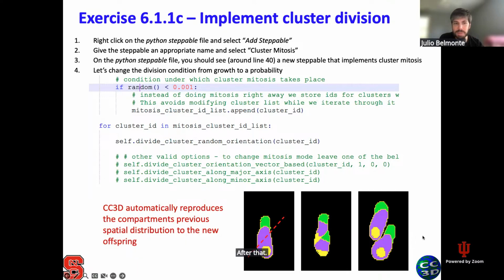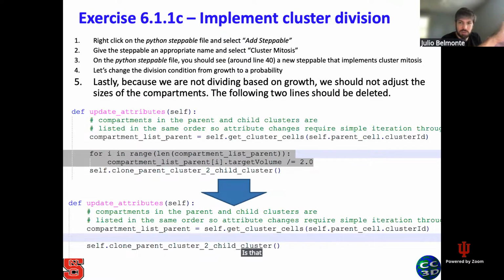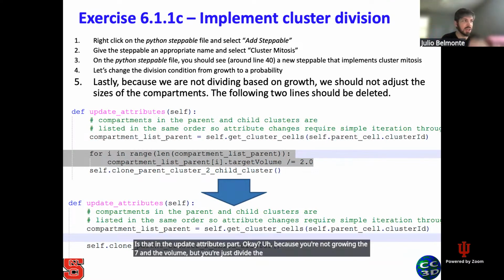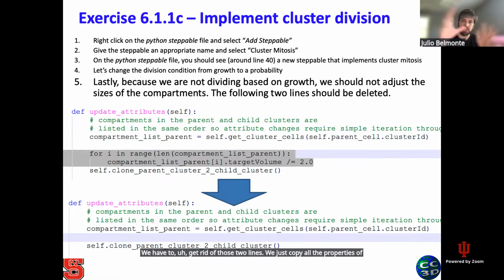Okay. Now with this, we are almost done for the division. The only thing that you have to change is in the update attributes part, okay, because you're not growing the cell and then dividing, but you just divide the cell and let it grow back, we have to get rid of those two lines. We just copy all the properties of the parent cell to the daughter cell.